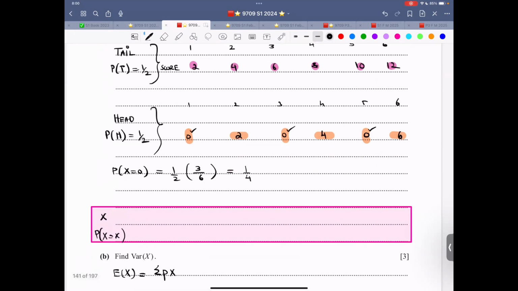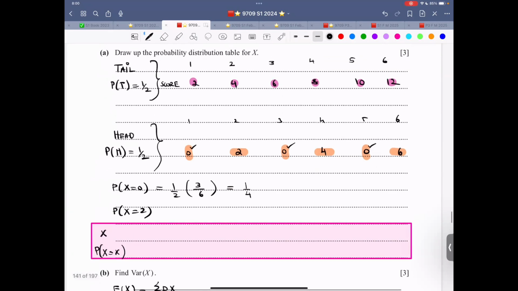Similarly, let me talk about 2. Probability x is equal to 2. There is a 2 over here, and there is a score of 2 also over here. So this is 1 over 6 into half, and this is 1 over 6 into half.